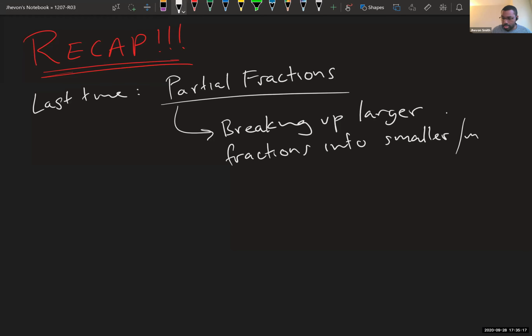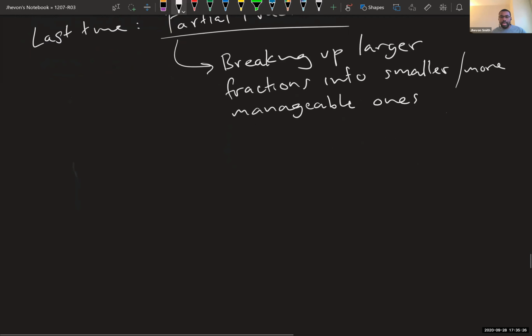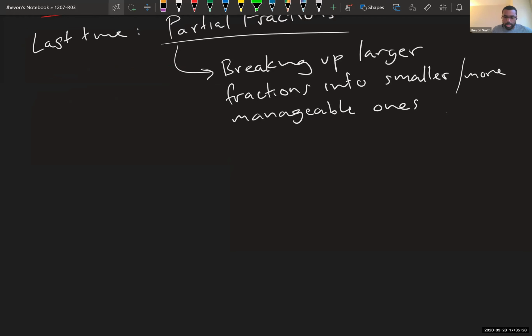Smaller, more manageable. And it had a process. So first thing, step 0, you need to make sure you have a rational function.